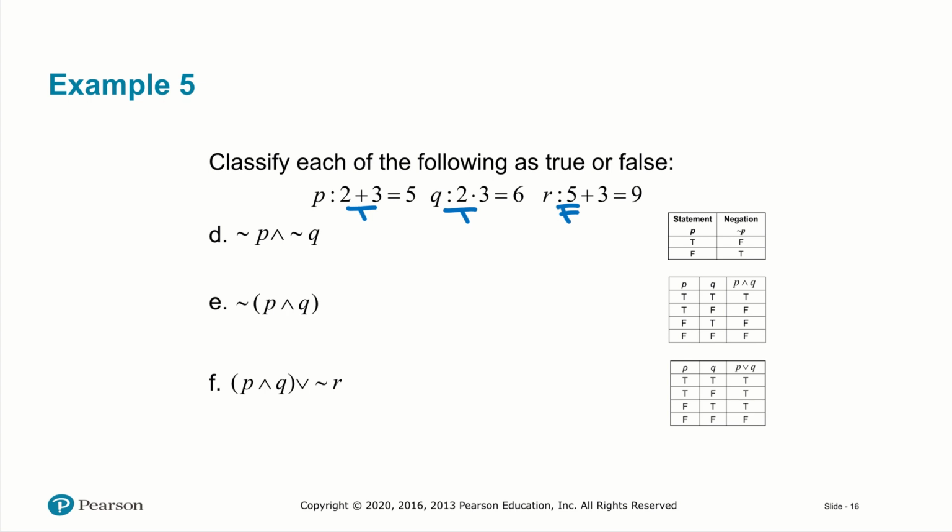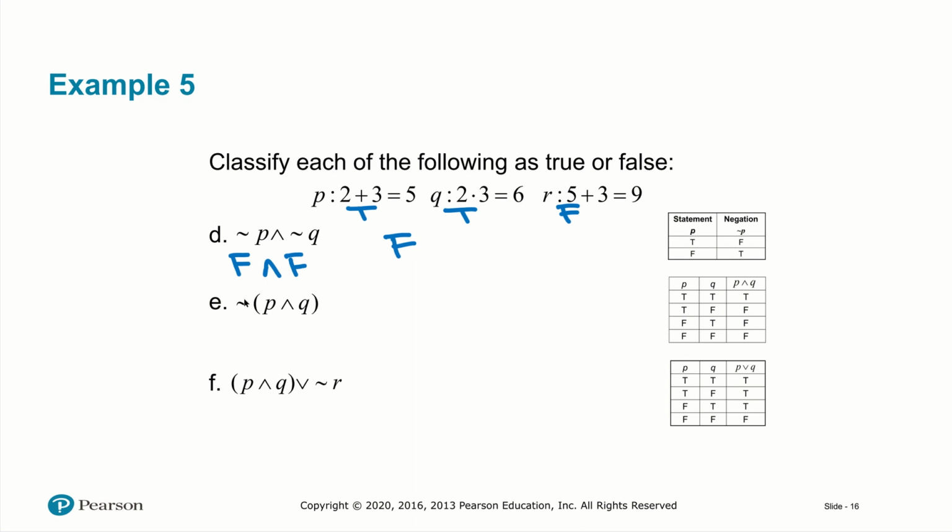So what's not P going to be? False. And what is not Q going to be? That's also going to be false. So we basically have false and false. We know that a conjunction, an and statement, is only true if both statements are true. So since these are both false, the conjunction is going to be false.